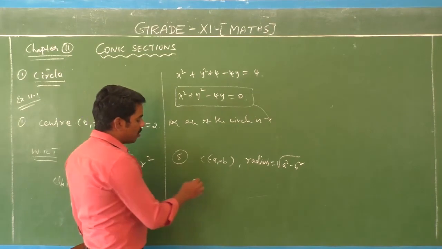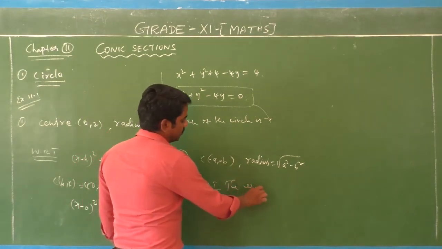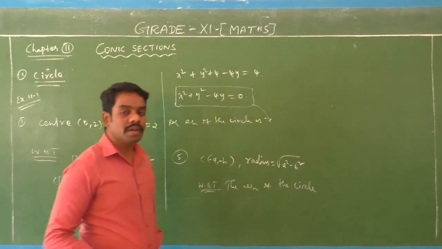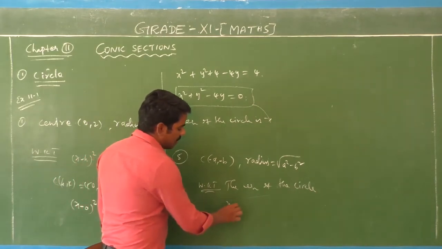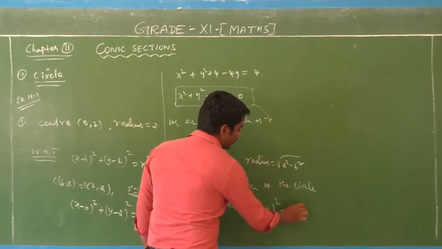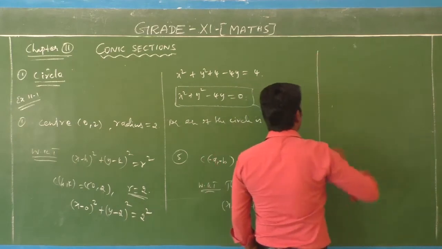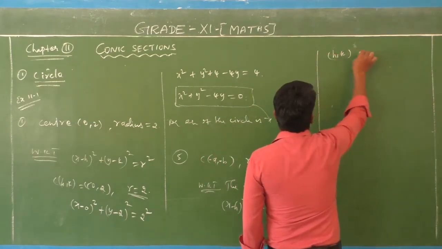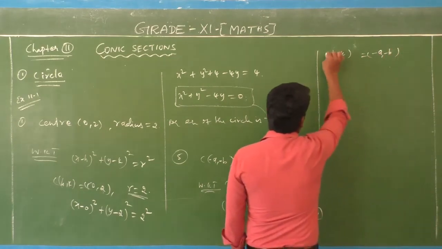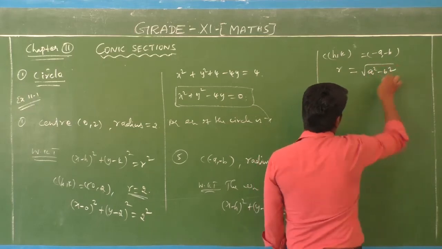Using the same formula, you know that the equation of the circle when the center is h comma k and radius is r is (x minus h) the whole square plus (y minus k) the whole square equal to r square. This is equation number 1. So h comma k is equal to minus a comma minus b, and radius r is equal to root of a square minus b square.